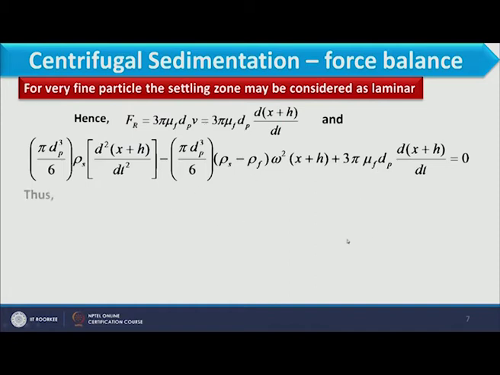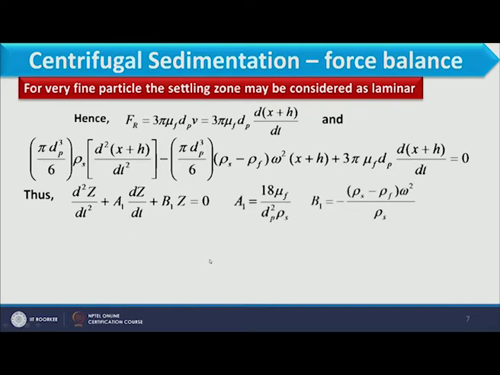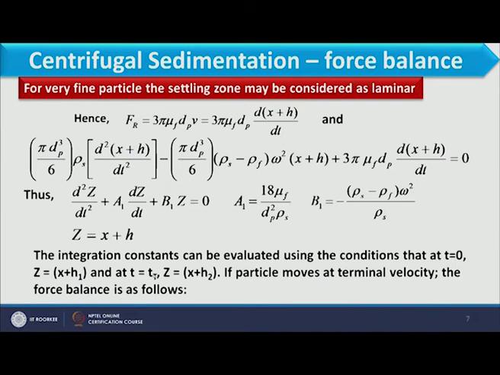So this is the equation after putting in all the expressions. Further, we can redefine the equation in terms of z, where A1, B1 and z are defined in this way. The integration constant can be found by considering that at t equal to 0, z should be x plus h1, and at time t, z should be x plus h2.